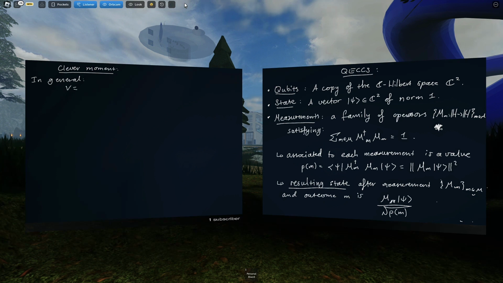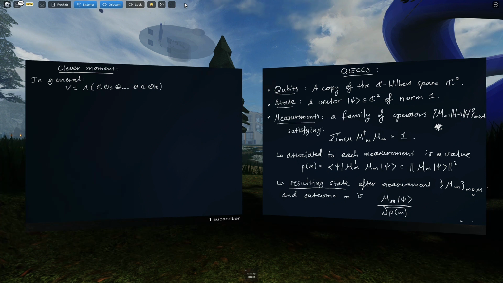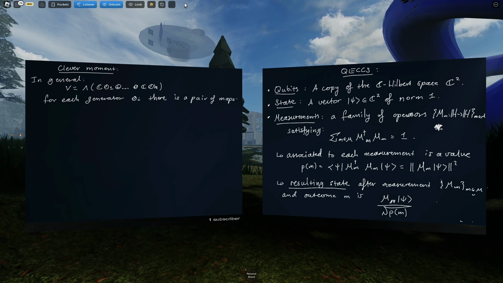In general, if V is the wedge product of some finitely generated free vector space, K, let's call it, then for each generator theta i, there is a pair of linear maps. And the first one will simply be denoted theta i, so that's an abuse of notation there.